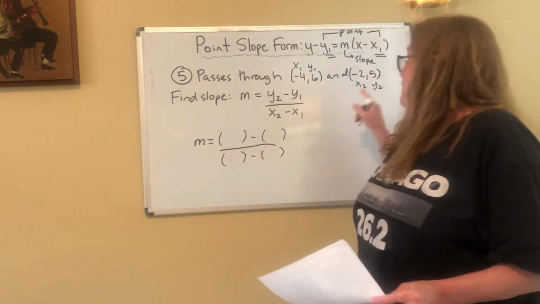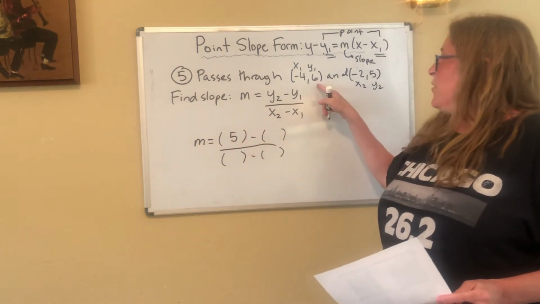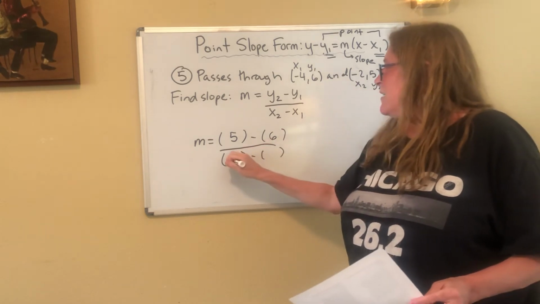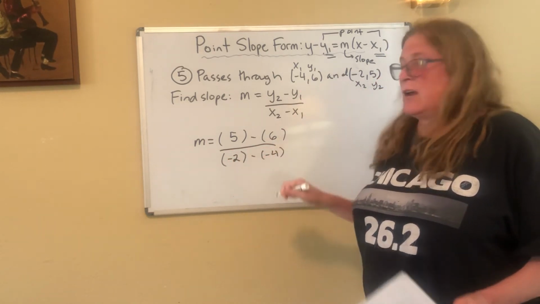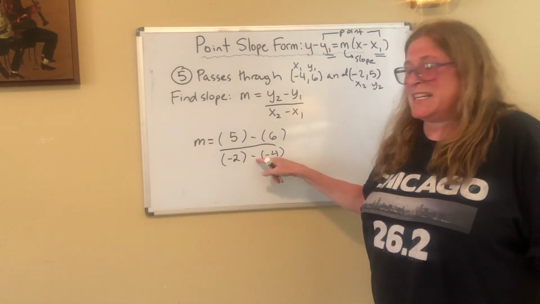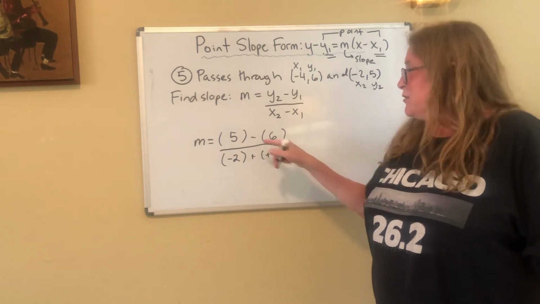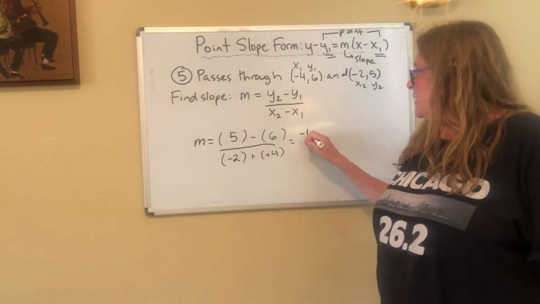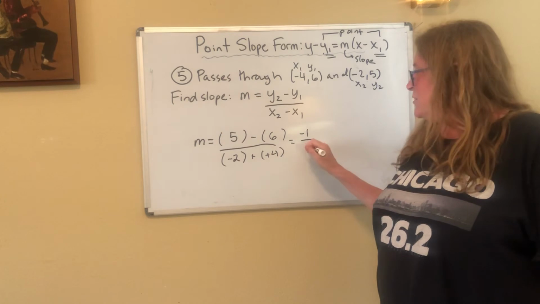So let's look at what we have: y2, which is 5, minus y1, which is 6, over x2, which is -2, minus x1, which is -4. Okay, I have to be really careful here, because that's minus minus, so I'm going to make those pluses. So 5 minus 6, which is -1 on the top, and on the bottom I have -2 plus 4, which gives me 2.